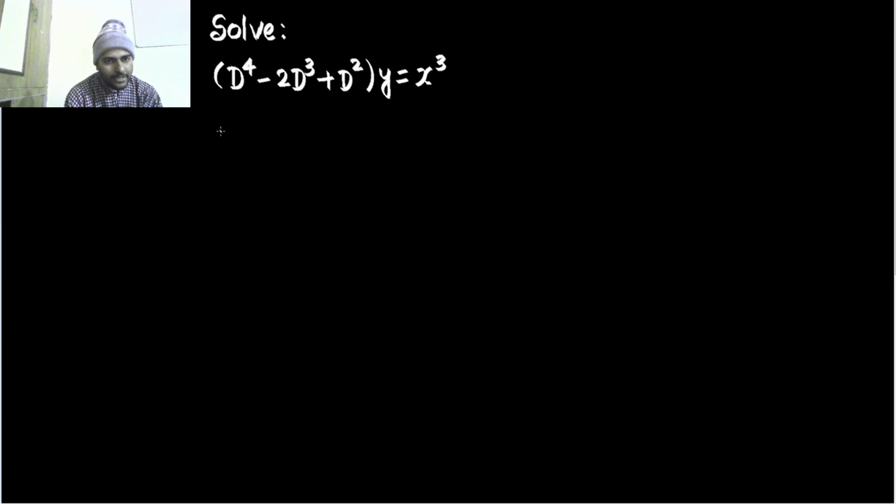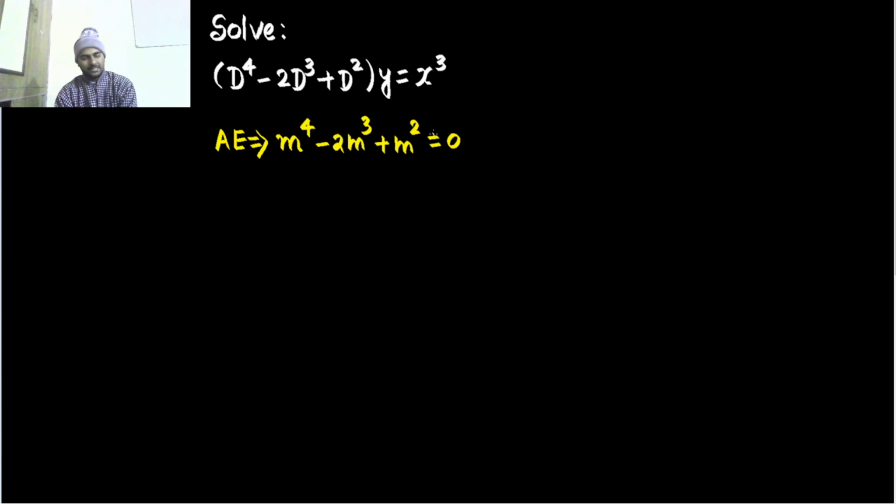So for the complementary function, we need the auxiliary equation. Let's find that. Just replace D by m. So m^4 - 2m^3 + m^2, equate it to 0. Now I can find these roots one by one by using the synthetic division method, but sometimes factorization may work for us.